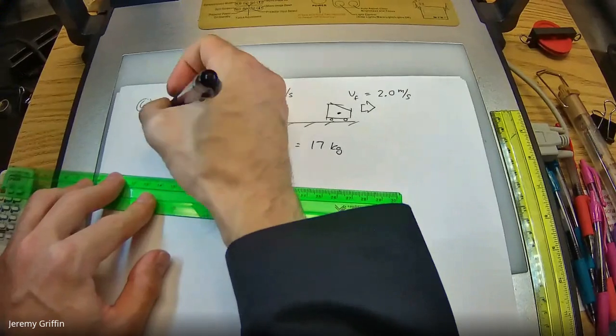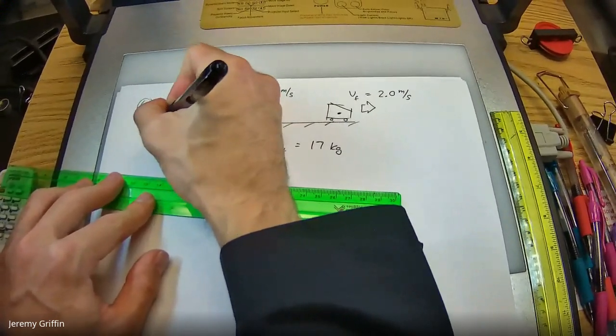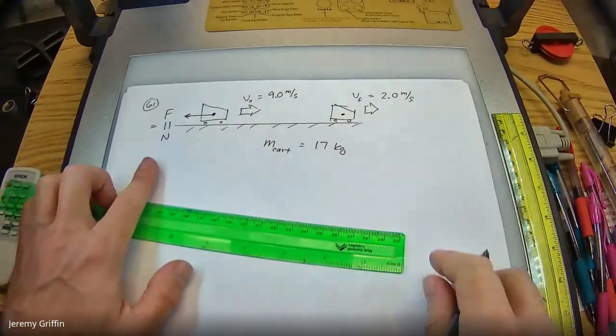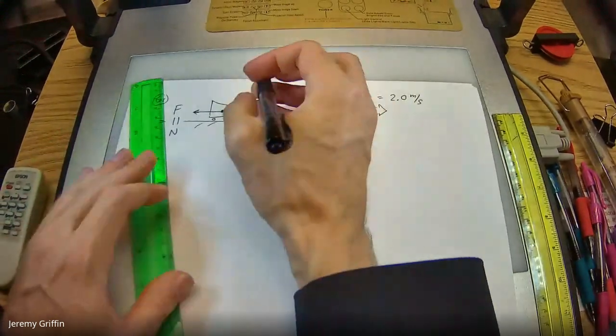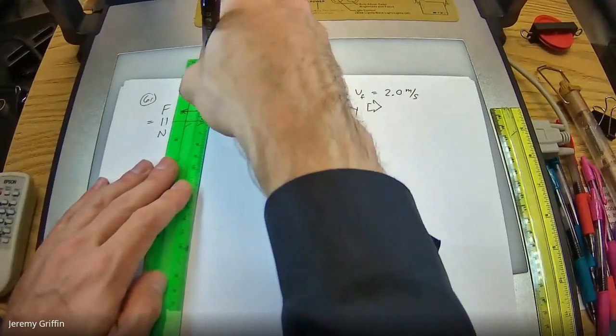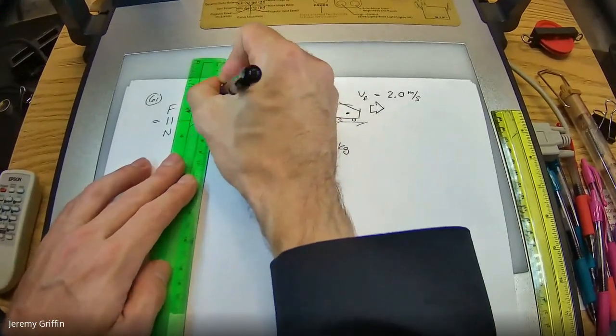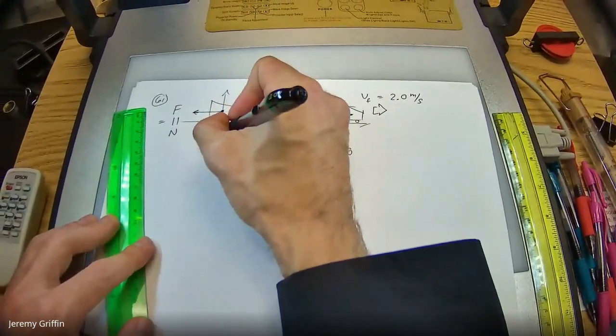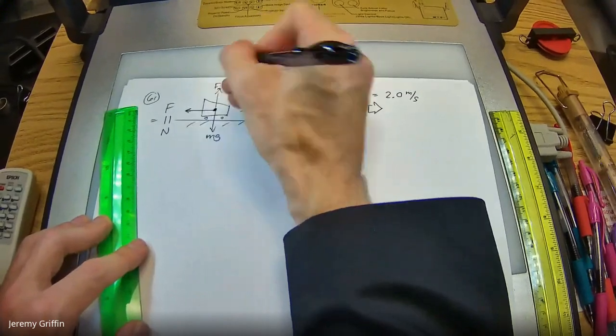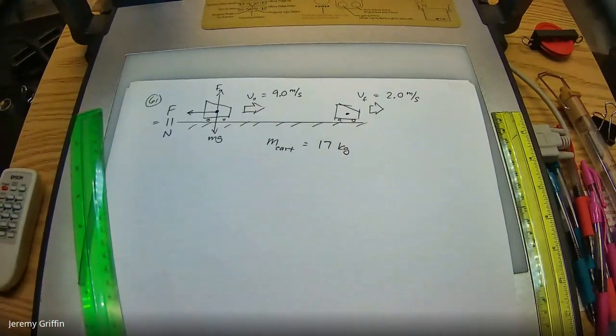It might be a friction, I don't know. Right. Say 11 newtons. 11 newton backward force. Okay. Now, of course, this cart also has a weight and a normal force. Right, those exist too. mg, F sub n. Right. Okay, there's the free body diagram.